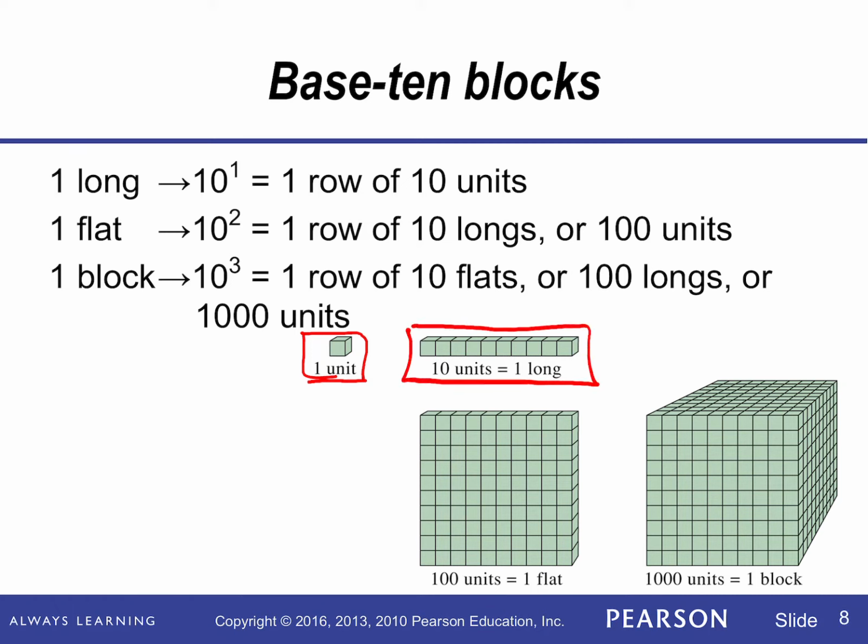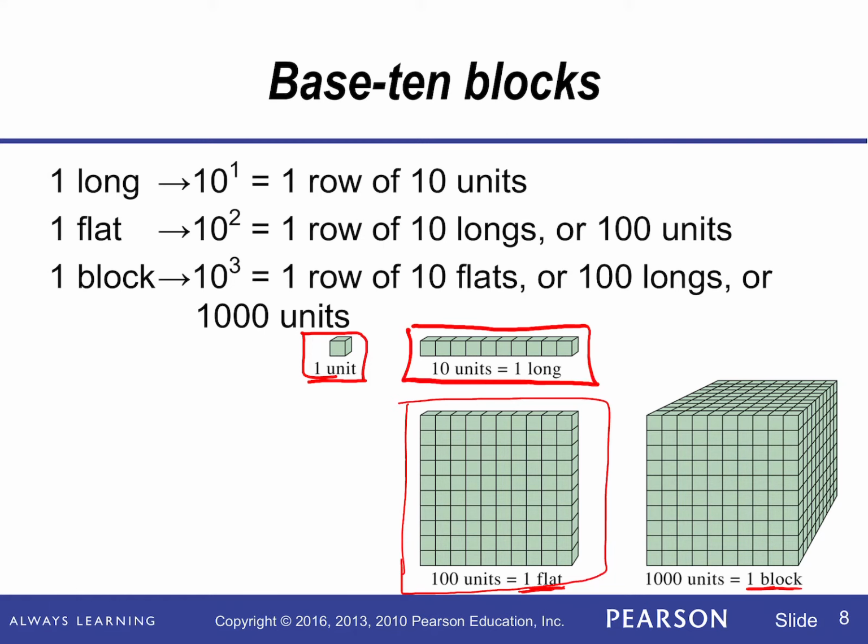So that's 10 units. And now if I go to 10 squared, I'm going to have 10 longs glued together, and we're going to call that a flat. So this is my 100 unit, or my 10 squared. And finally, if I take 10 flats and glue those together, that's going to build a block, and that's going to have 1,000 units in it. So that's my 10 cubed.